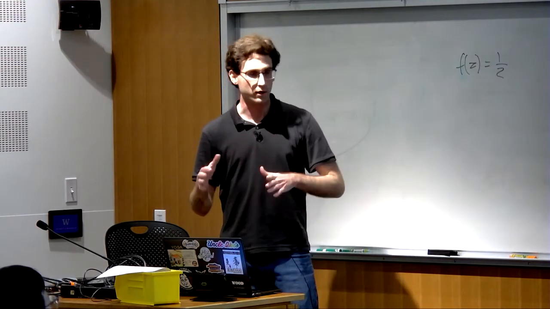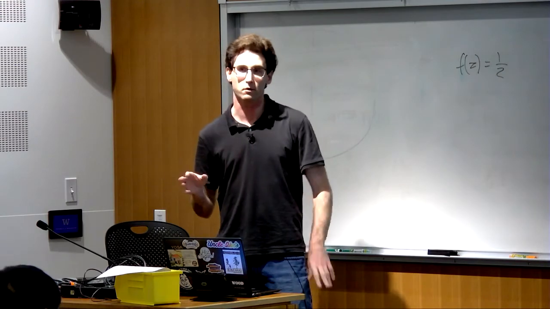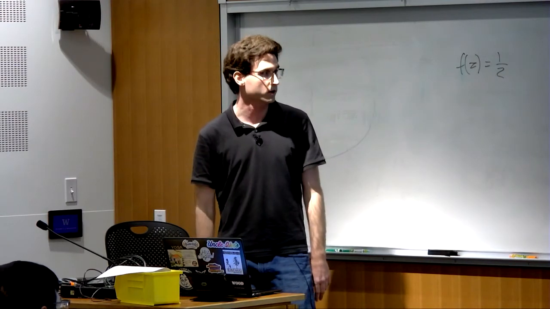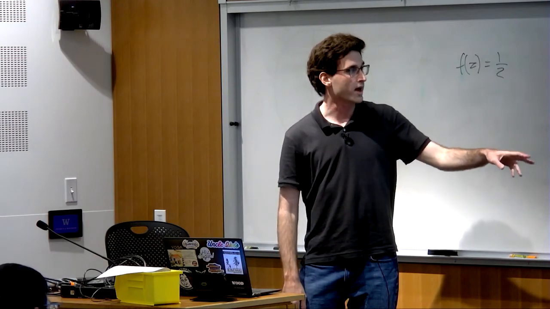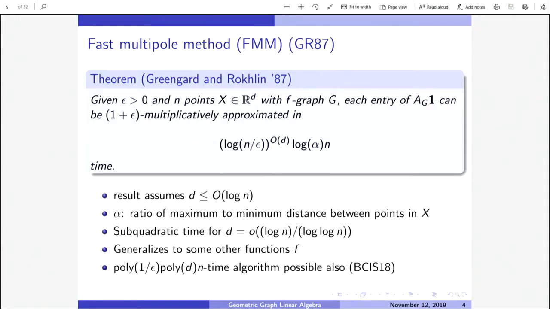And in the second part of the talk, we're going to look at this quite a bit. But before I move on, let me mention that if you care about substantially less accurate algorithms, where epsilon is just a constant rather than 1 over poly n, then you can get something that doesn't depend exponentially on d. This was due to some recent work in the last year.